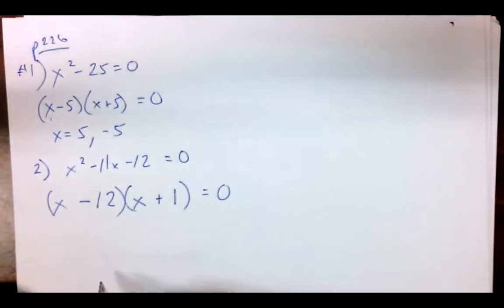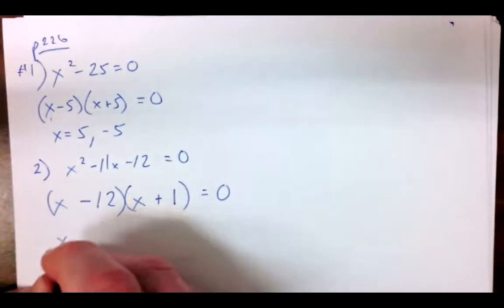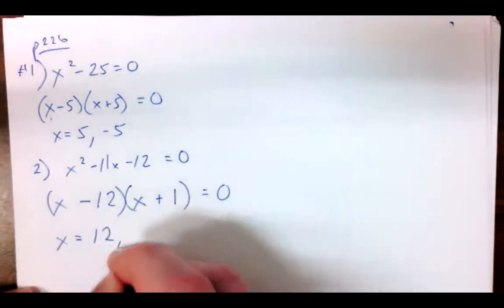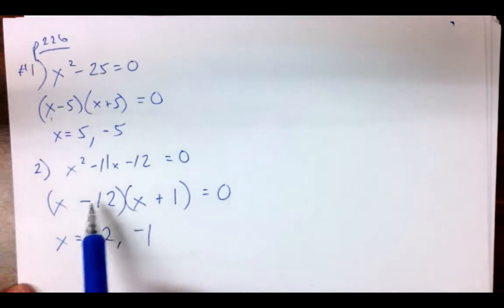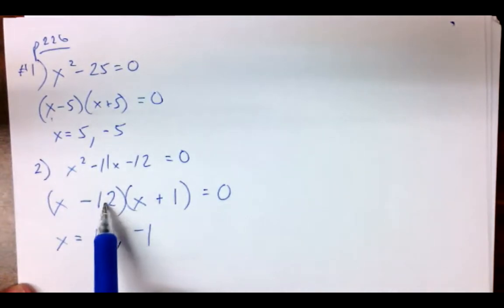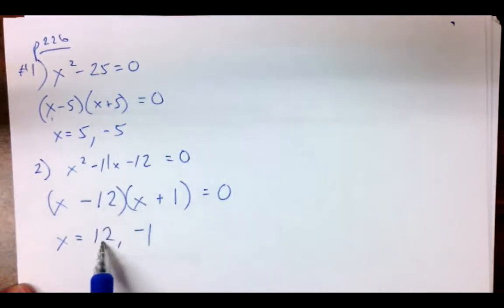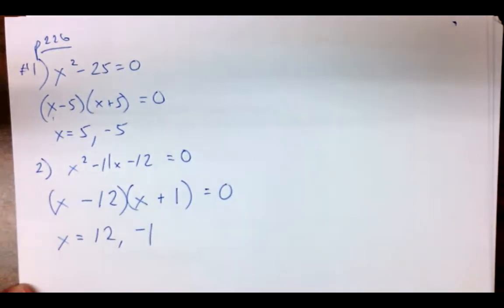So I know my factoring's right, and my solutions are 12 and negative 1. These are where the graph of the quadratic would cross the x-axis, at x equals 12 and x equals negative 1. That's where the zeros would be graphically.